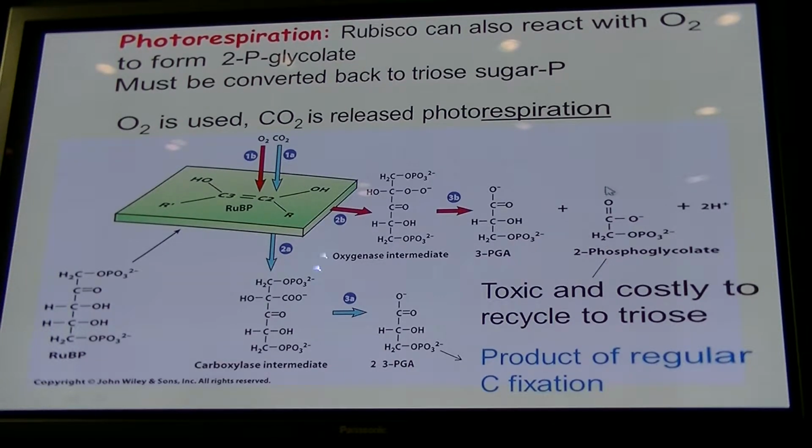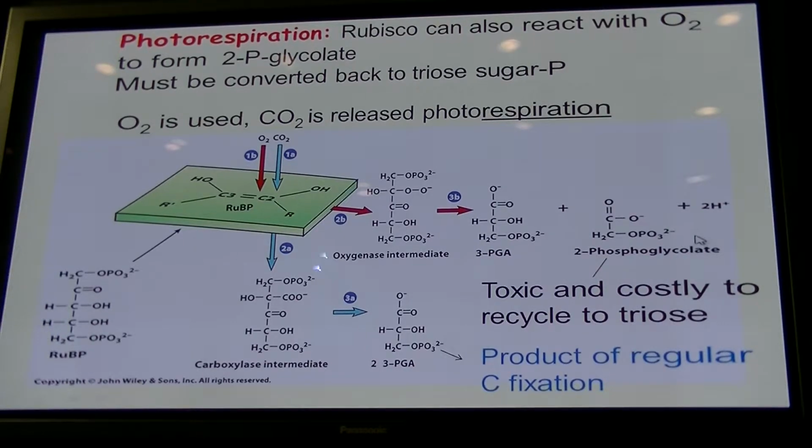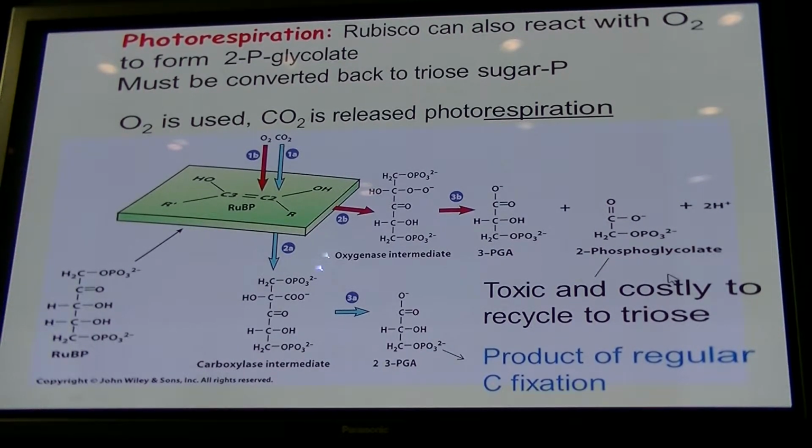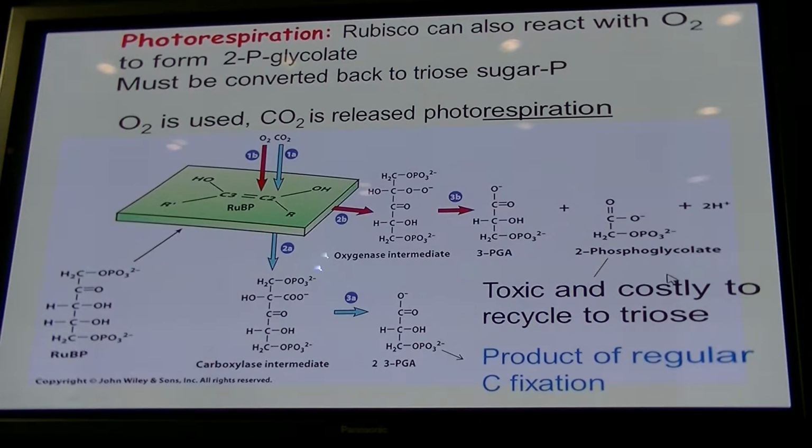So this byproduct, which happens if there's a lot of oxygen at the site of rubisco, needs to be removed, and it needs to be regenerated to a C3, which can cycle back in the Calvin cycle and become the starting point again. So this is just something that happens. The question is, why does it happen?